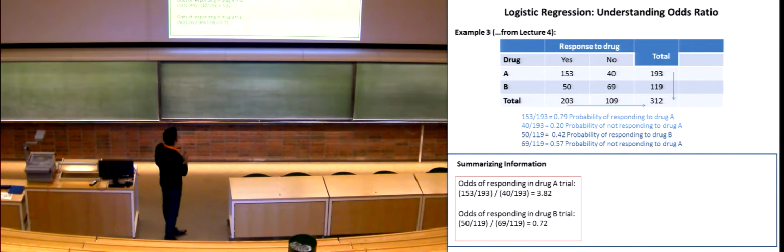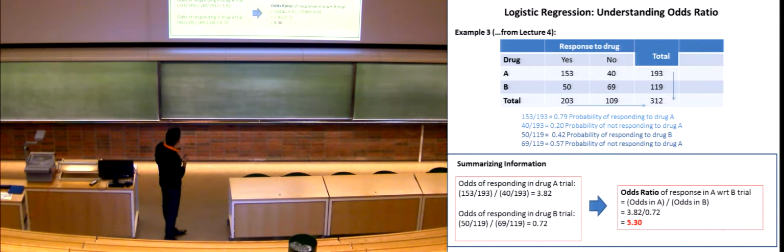Similarly for drug B trial, the same thing. And the odds ratio is nothing but the ratio of these two, the odds in A divided by odds in B, which is 5.30. What it means is that the odds of responding in drug A is 5.3 times more as compared to the odds of responding in drug B.